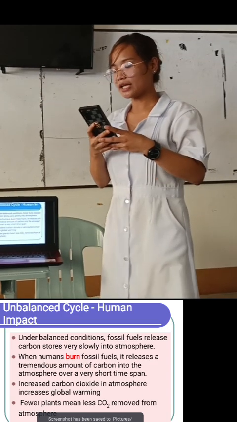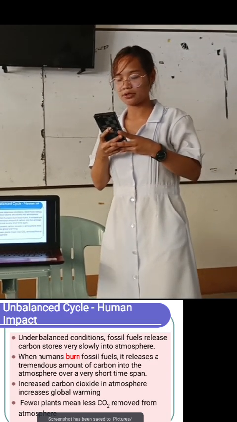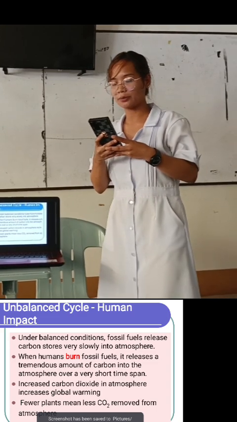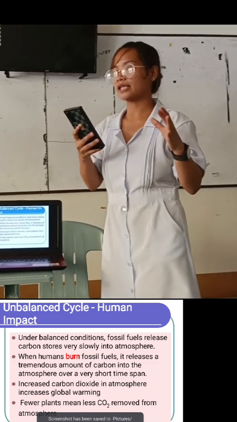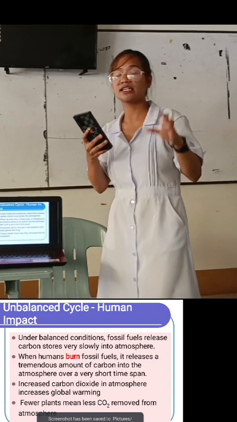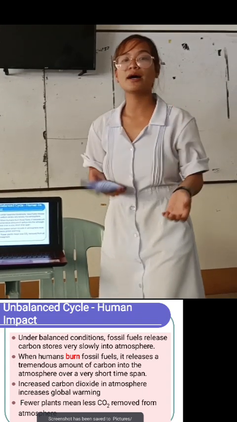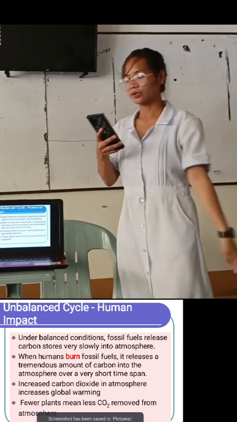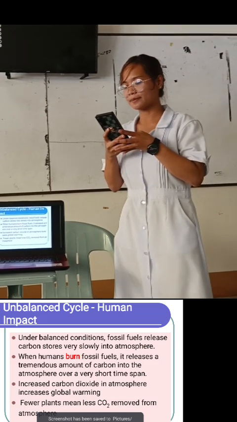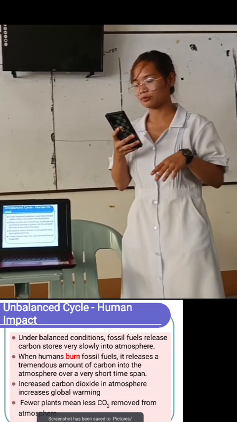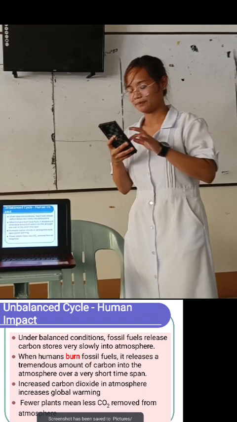So, increased carbon dioxide in the atmosphere increases global warming. So, kapag nag-i-increase ang carbon dioxide, nag-i-increase din ang global warming. So, next is fewer plants means less carbon dioxide is removed from the atmosphere.